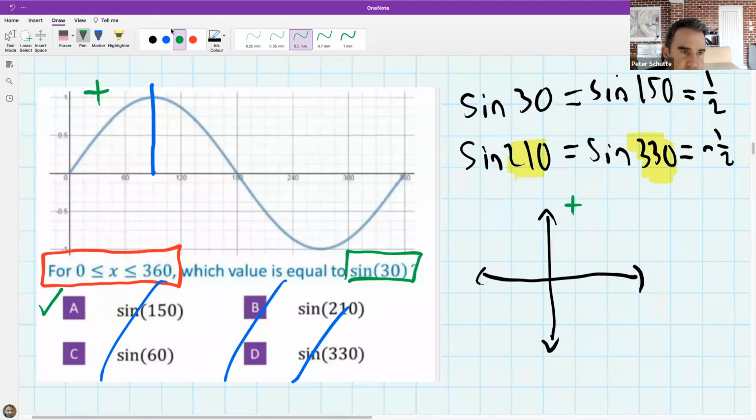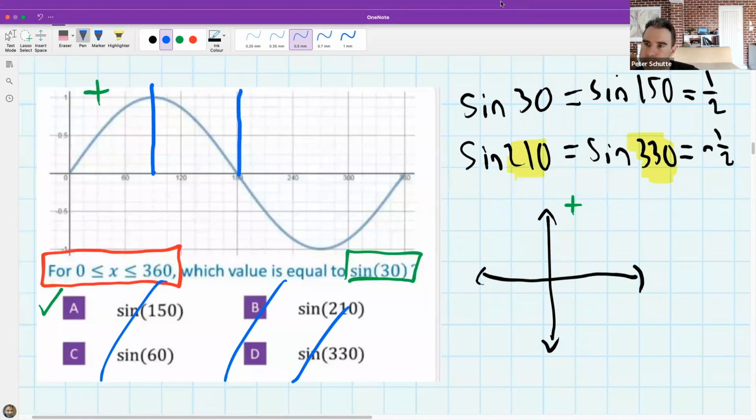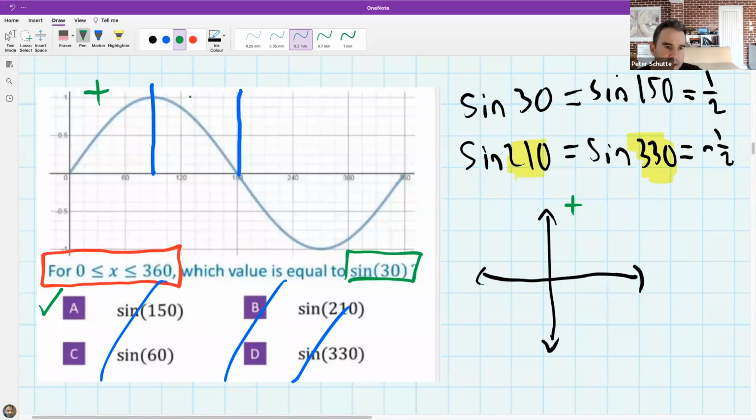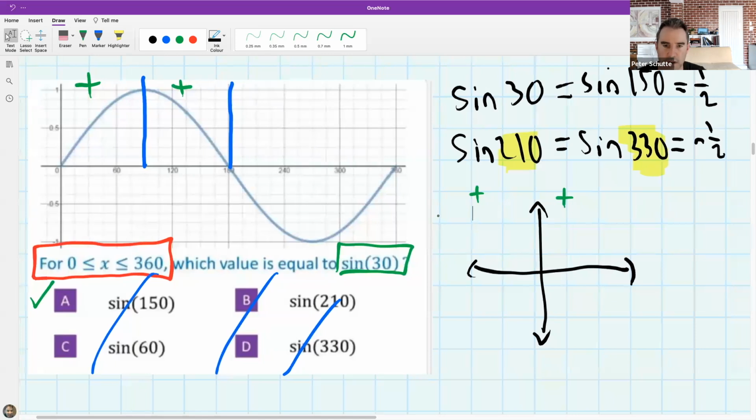What about from 90 to 180? Now we're looking at the sine graph. Between 90 and 180, is the sine graph positive or negative? Yeah, it looks to me like it is still positive because it's above the x-axis. Okay, so we would say this is quadrant number 2, and sine is positive in quadrant number 2.